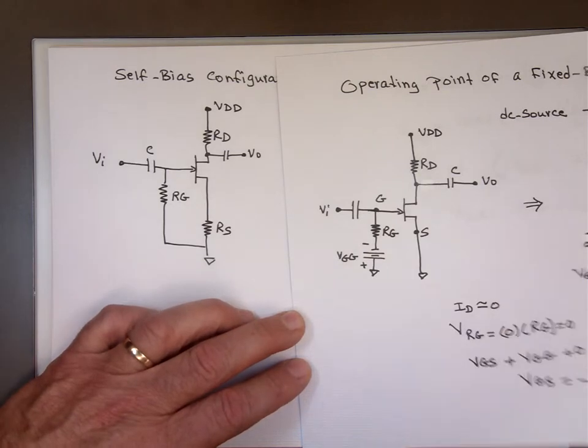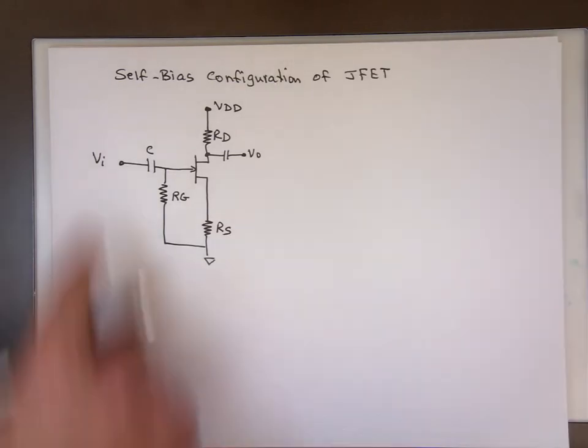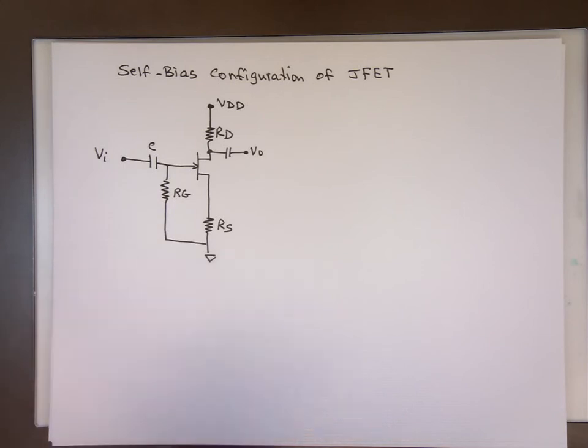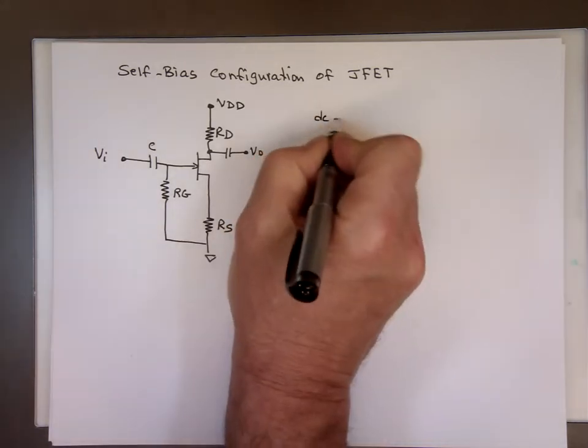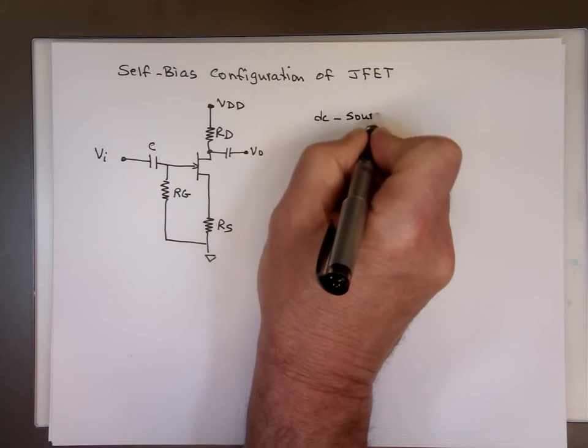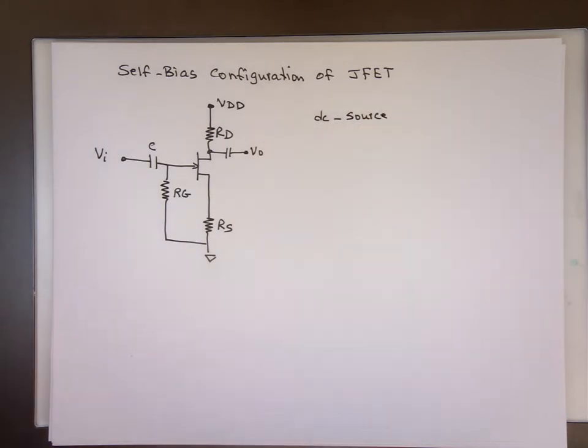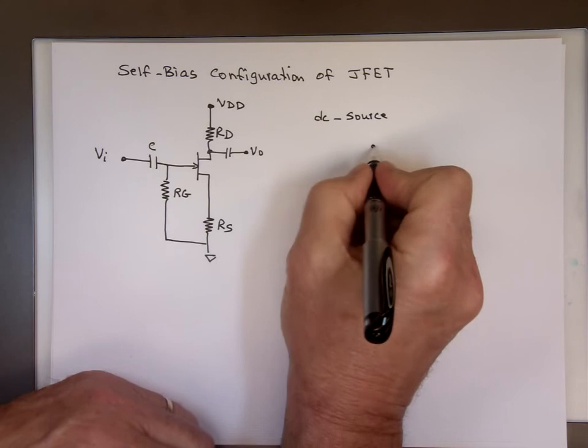Again, let's look at it in terms of a DC source. So DC source, that's what we have. That means all the capacitors will go away. They become open circuit. And my circuit will look like this.